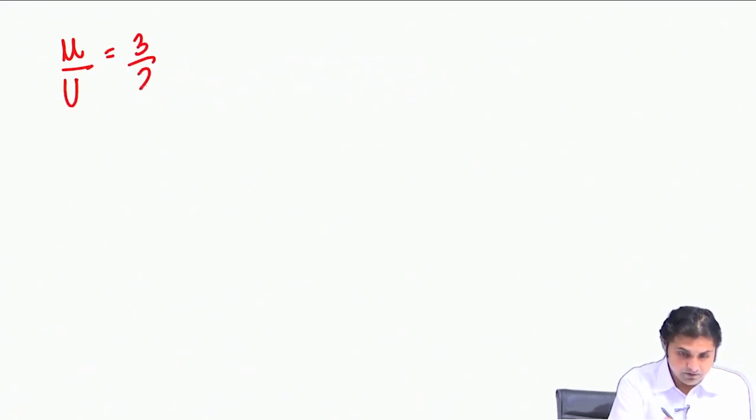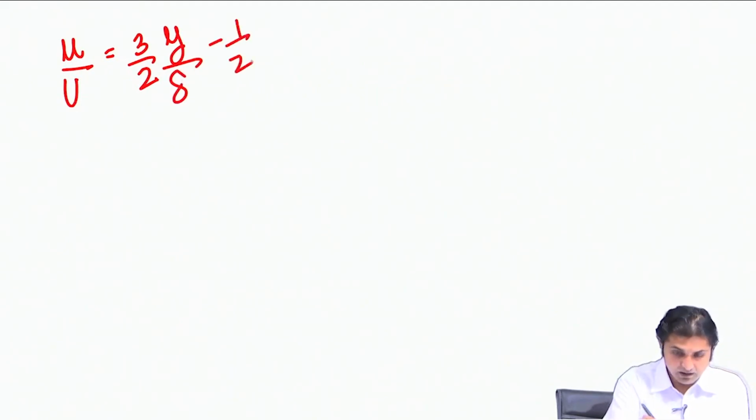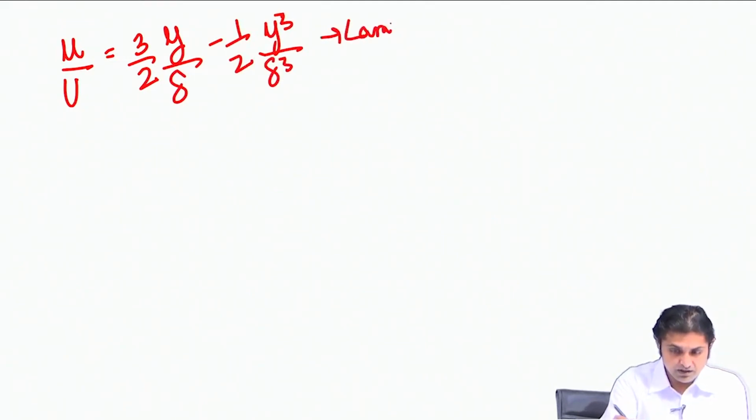So actually the laminar profile was u by capital U is equal to 3 by 2 y by delta minus half y cube by delta cube. This is the laminar velocity profile.